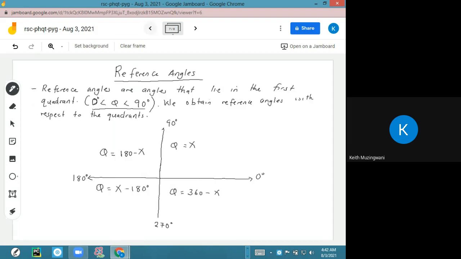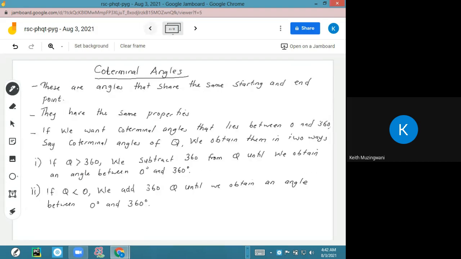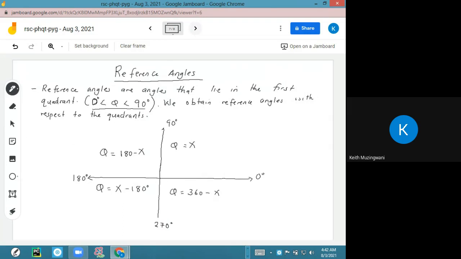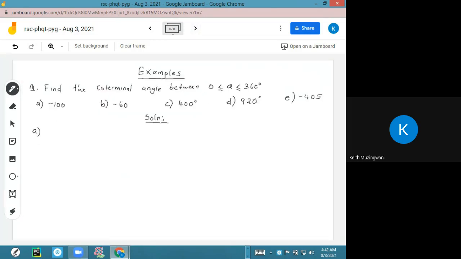A, we said whenever theta is less than 0, we add 360 to theta until we obtain an angle between 0 and 360. So we want the coterminal angle of -100. We'll call the coterminal angle x, so that there's no confusion with our definition. So x is going to be, since our theta is -100, we must add 360.